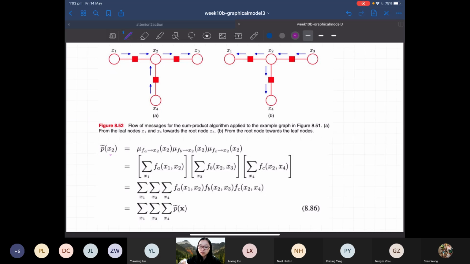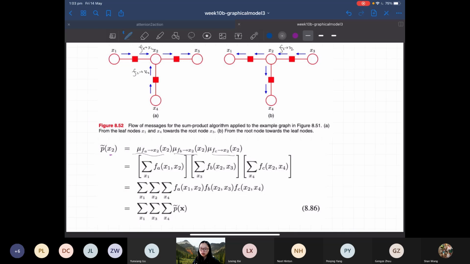For example, which messages are incoming? This is FC to x2. This arrow is FA to x2. It's from the same graph. And then notice that the FB to x2 message is along the other graph. So we just pick out these three terms according to the above.